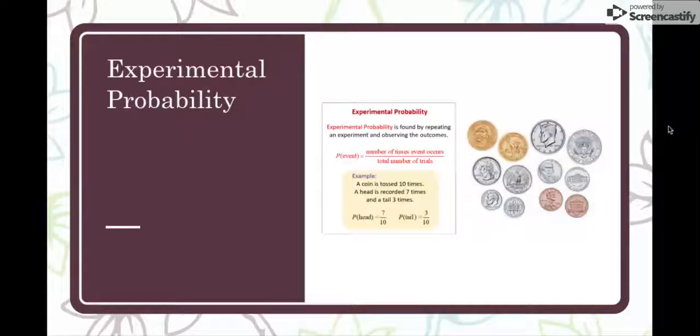For example, if we use a coin toss, and we toss it 10 times, you land on heads 7 times, and you land on tails 3 times. My experimental probability of landing on heads would have been 7 out of 10. And my experimental probability of landing on tails is 3 out of 10.